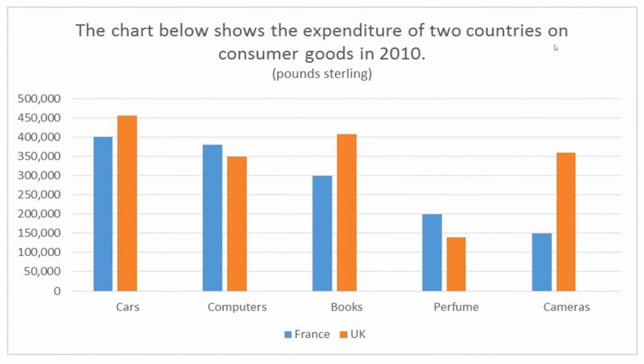And then we will move to the camera. In cameras, the UK is just over 350,000 pounds, while in France just 150,000 pounds.